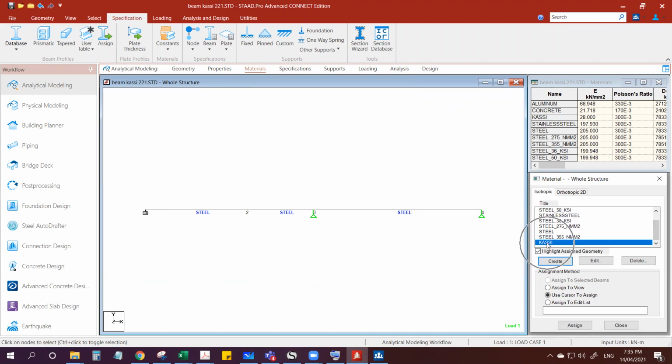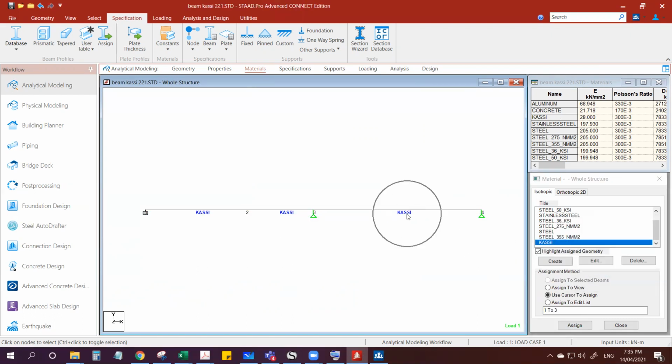Okay, and then assign to our members. So again, my combo number 2, select the command and then select the objects or geometry. Then assign.